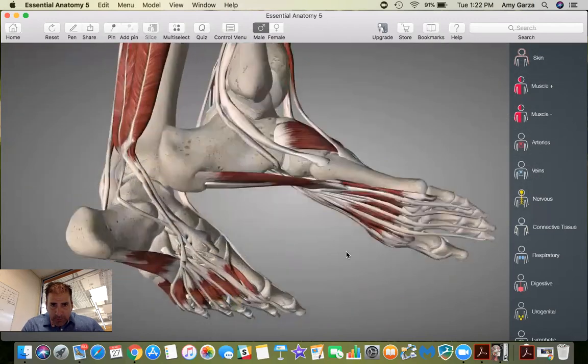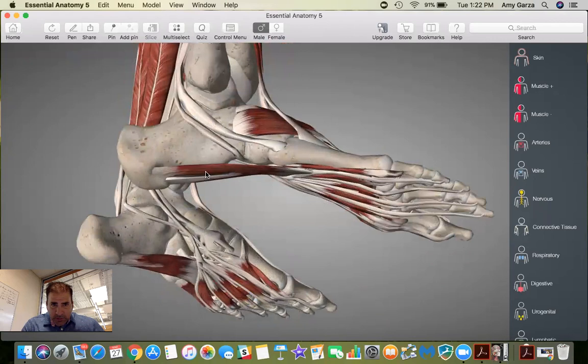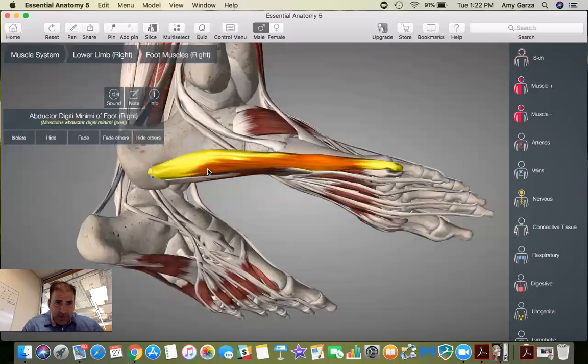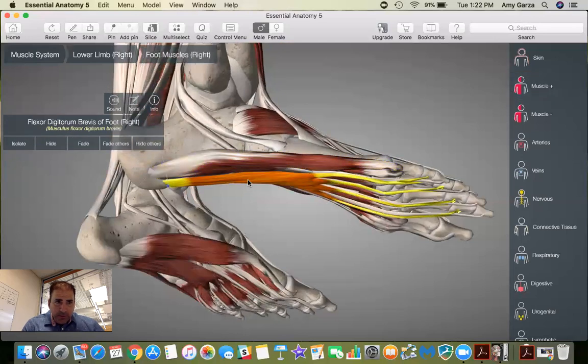This tissue here is your quadratus plantae. That's kind of like the plantar fascia's secondary muscle. And here's more flexor digitorum. These are all the muscles that go underneath the foot that cause the toes to flex or bend.